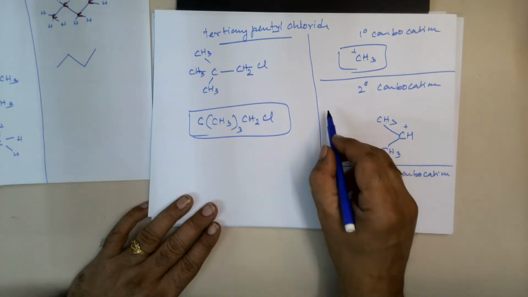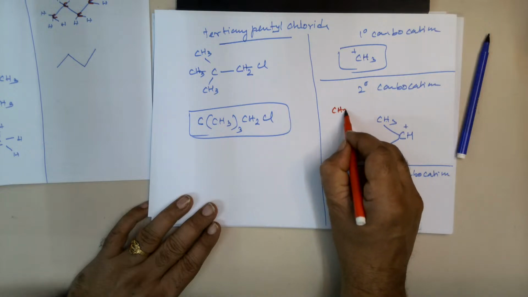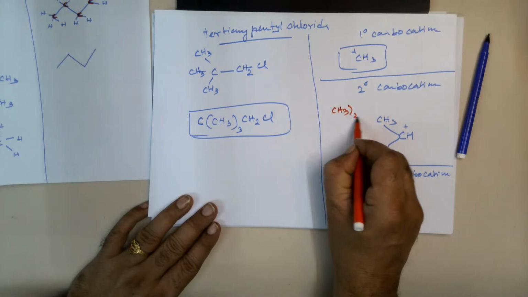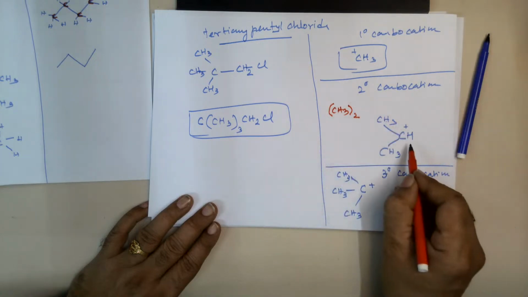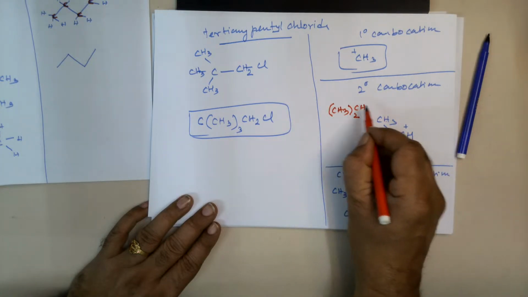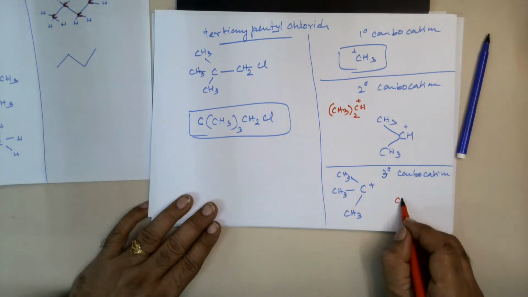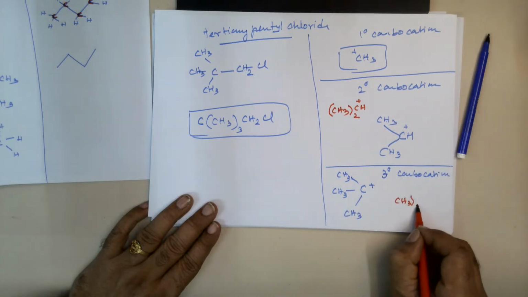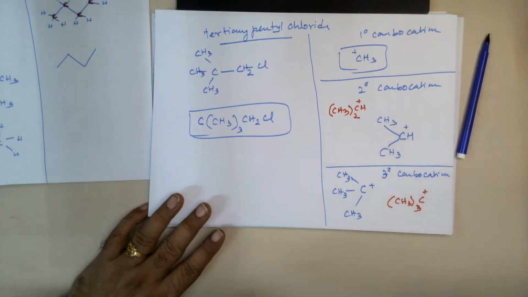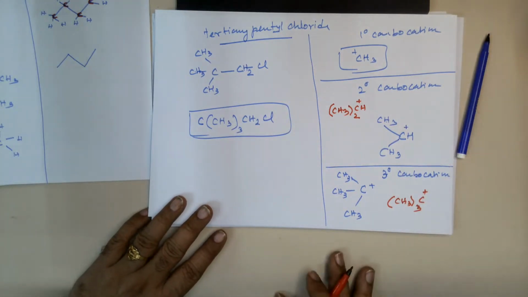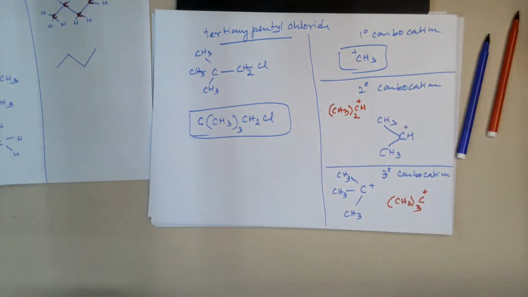And this is also represented in this way, that is CH3 twice, and you can put CH, then plus. And how to represent this? CH3 thrice and with single C plus. So this represents the tertiary type carbocation.